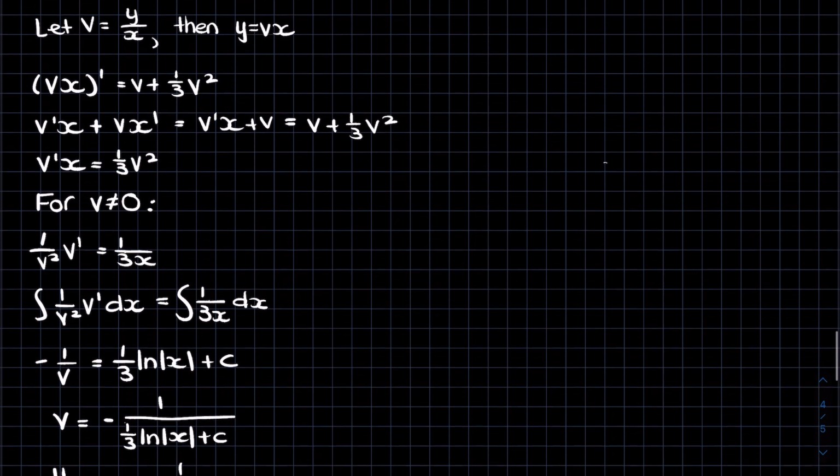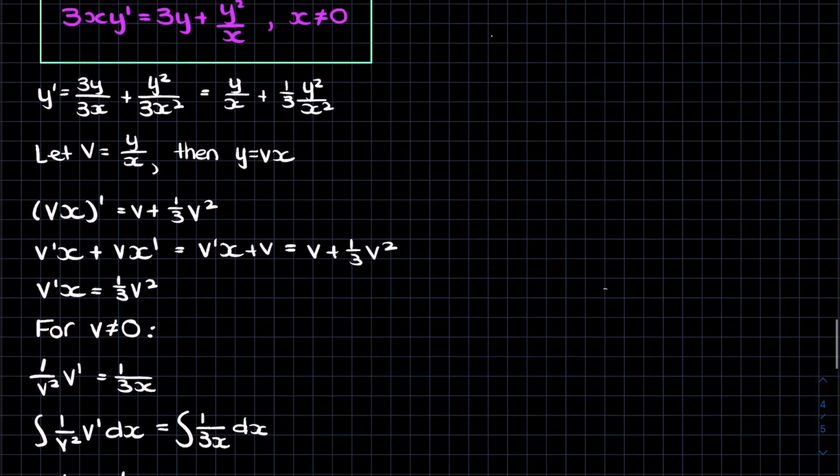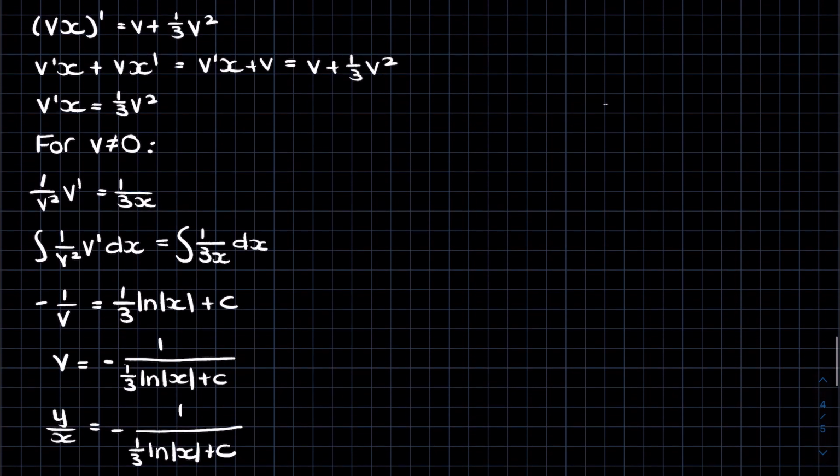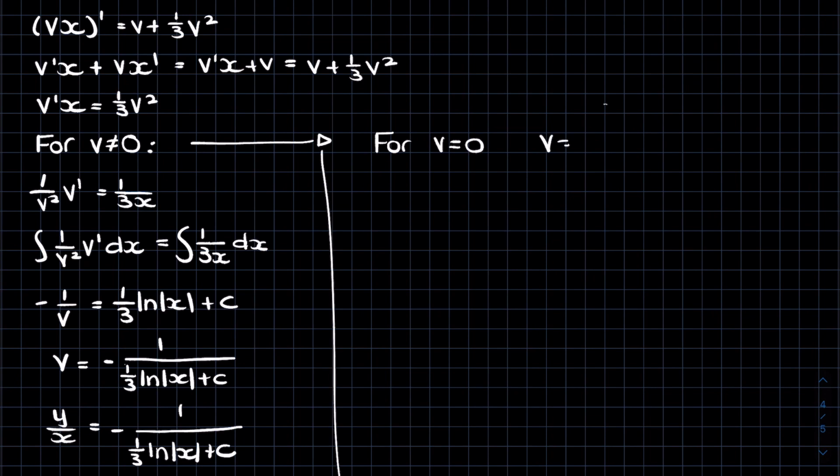You'll see that if we go back up here, where is it? For v doesn't equal 0, we can also split this off and have the case for v equals 0. So if v equals y over x, and if v equals 0, that implies that y has to equal 0 because x can't equal 0.